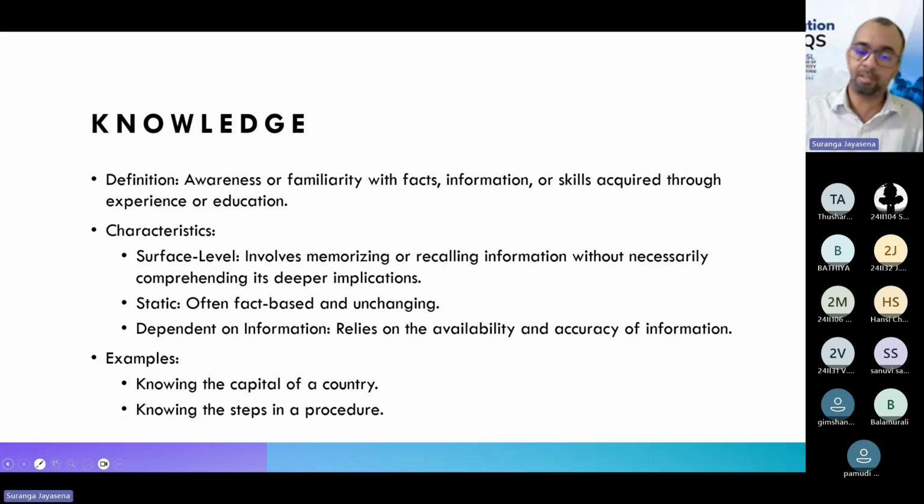Both things are necessary. And in many cases, understanding helps you a lot comparatively, because with a little amount of knowledge, you can do a lot of things if you have understanding.